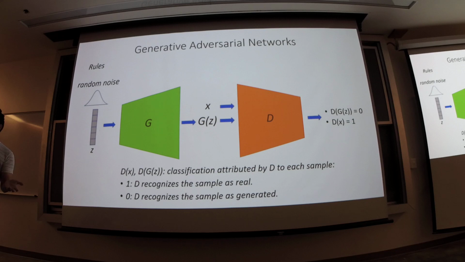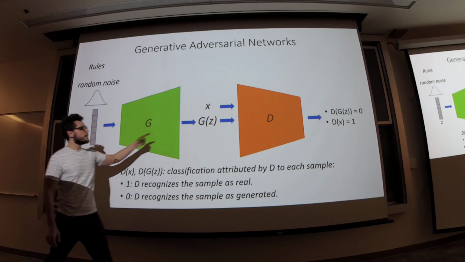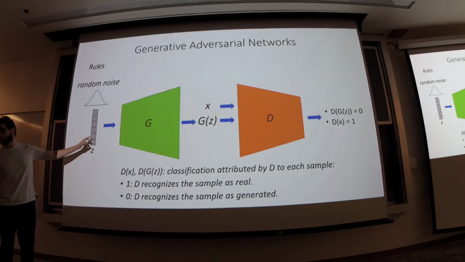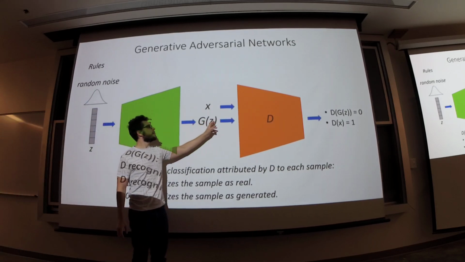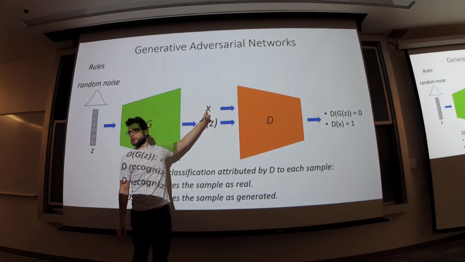You choose at random. Let's say your mini batch size is 10, right? So you give 10 generated images, right? That you choose at random, and 10 images chosen at random from the real distribution.